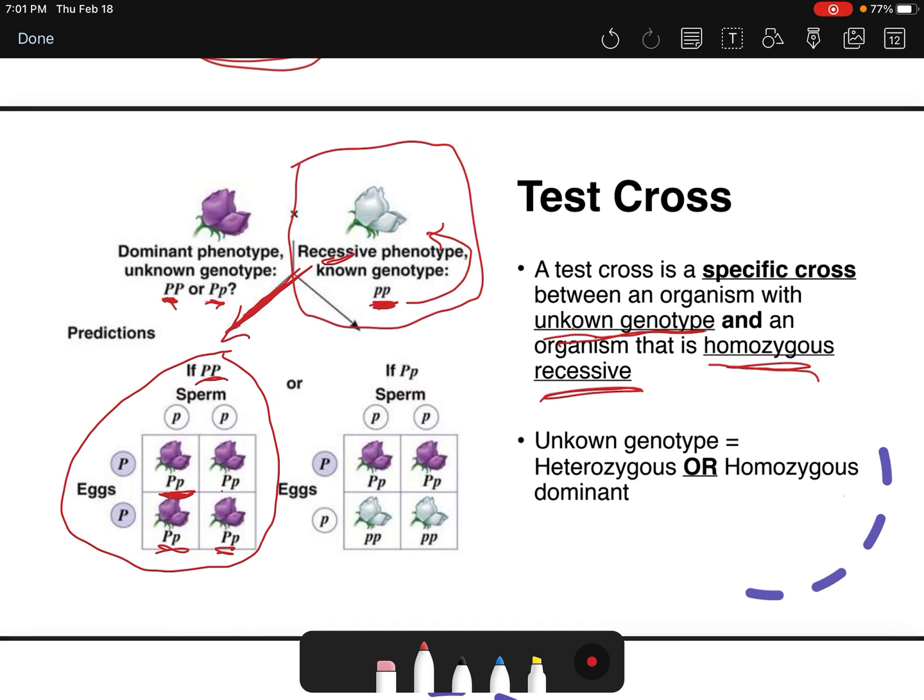All of the progeny will end up as heterozygotes, which is exactly what happened to Mendel in his first experiments. So this resembles the F1 generation from his experiments. If you have a heterozygote crossed with a homozygous recessive, you're going to get half purple and half white. So there's a 50-50 chance on either of them.